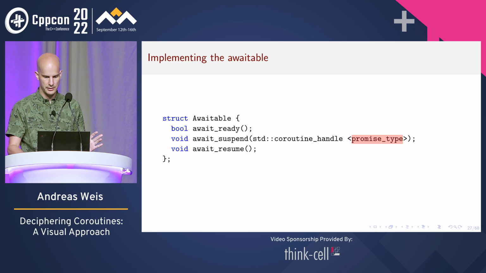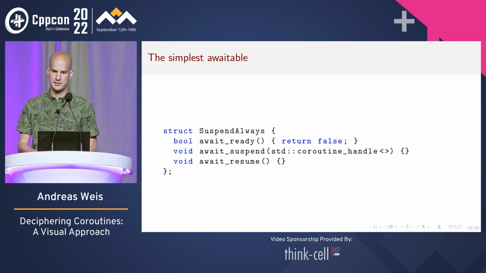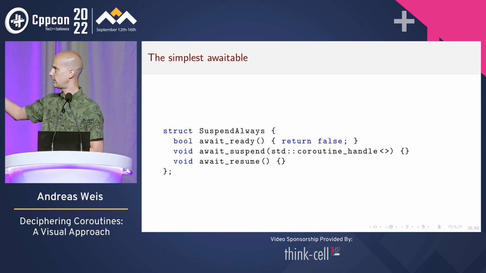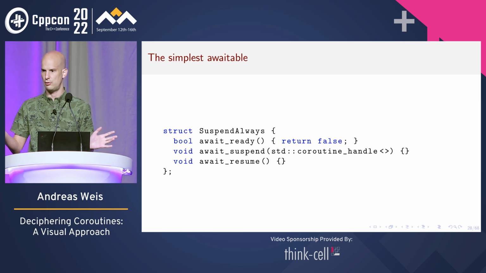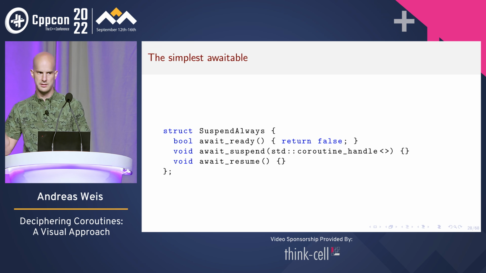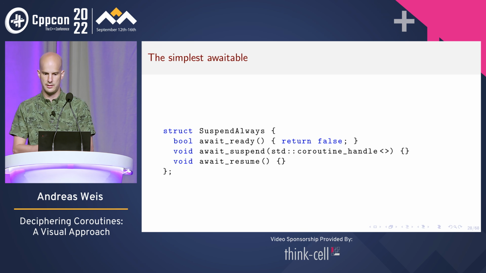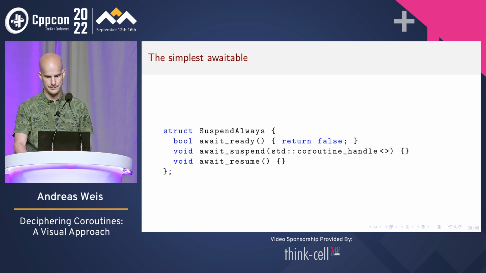And that's already the whole awaitable. The most simple way to implement this is to just leave await suspend and await resume empty, and have await ready just return false. So basically saying it's never ready, it always wants to go to sleep. And this is then actually the implementation of the suspend always that we saw before on the promise functions.